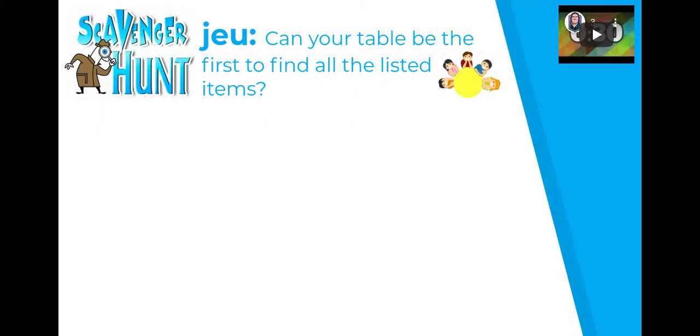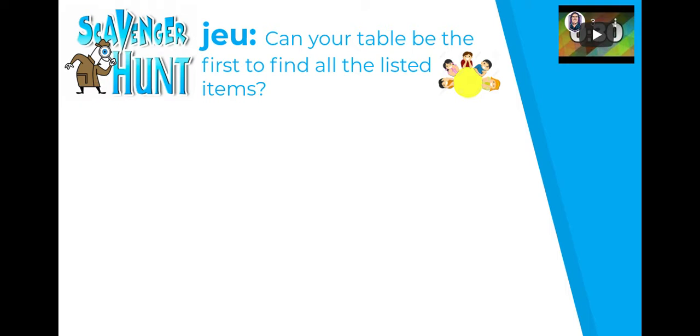Excellent. Okay, we are going to have a scavenger hunt, so clear off the middle of your tables. So what we're going to do is we're going to be working table against table. So your table is your team. I'm going to show you a list in French, and you have 30 seconds to try and get the items right.